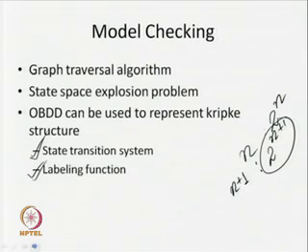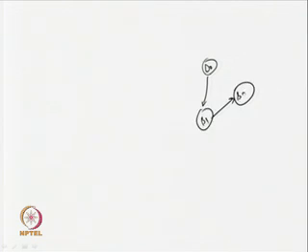Okay. So, in this particular case, what will happen? You just see how I am going to keep this labeling function. So, consider one state transition system, say this is S0, and I am just writing this down.